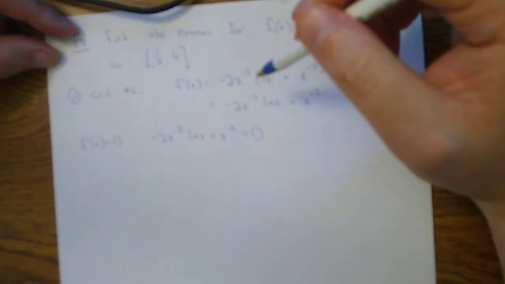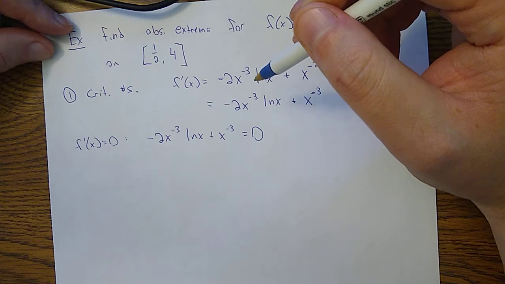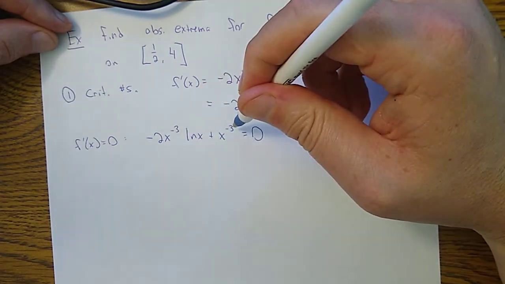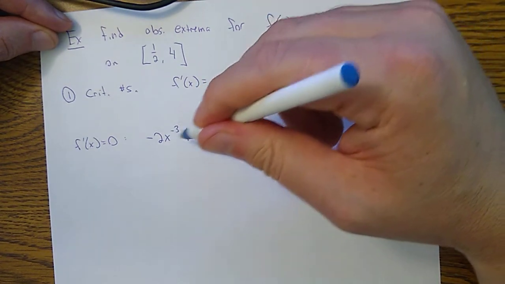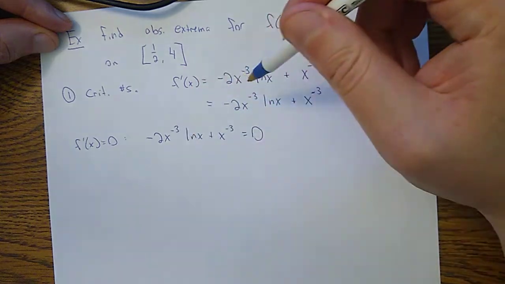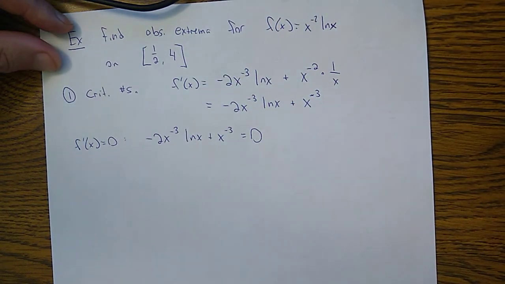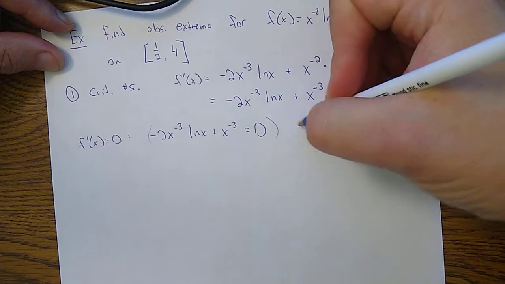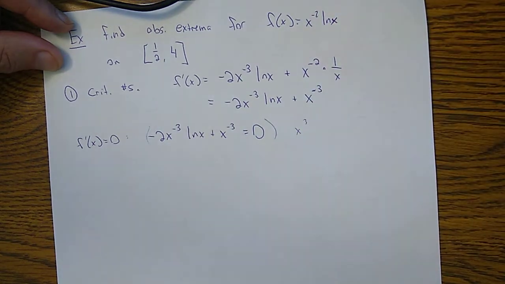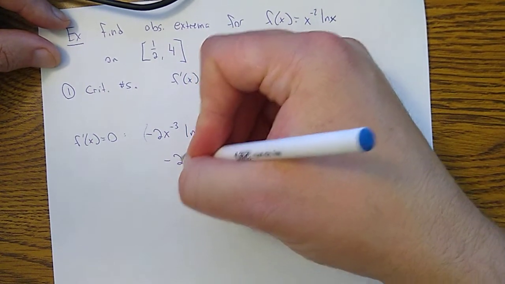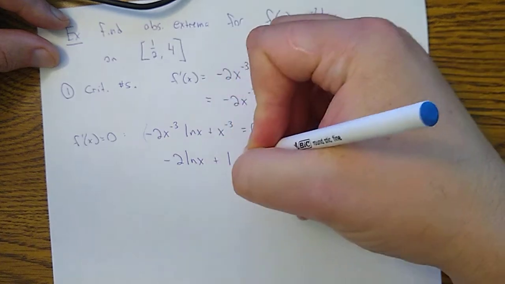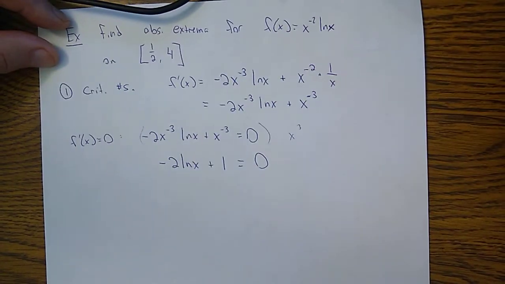I see my common factor of x to the -3. Maybe the smartest thing for me to do is just multiply everything by x cubed. x to the -3 times x cubed would just be 1. So it's like I'm multiplying everything by x cubed. So I'm going to get -2 ln x plus 1 equals 0.